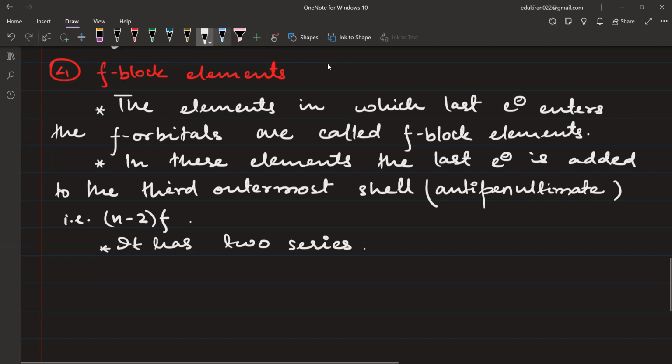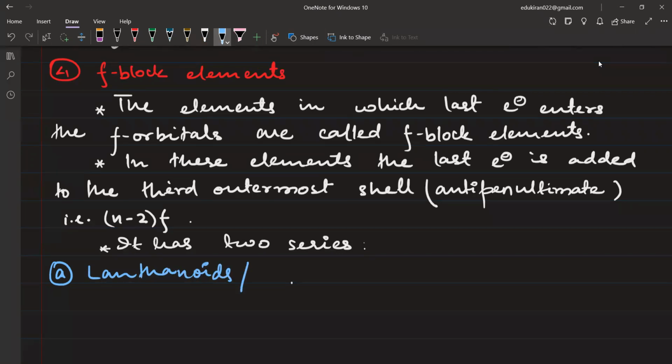Number A. The first series is known as lanthanoids. You can also call this lanthanides.